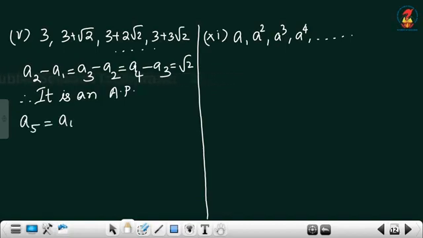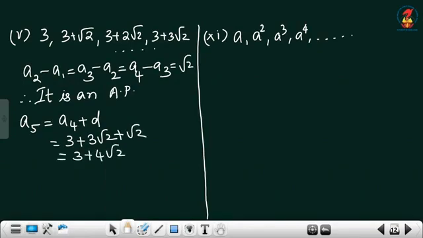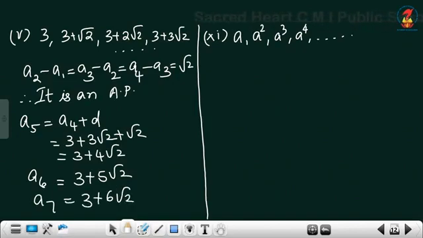A5 is equal to A4 plus D. What is A4? 3 plus 3 root 2 plus root 2, which is equal to 3 plus 4 root 2. Similarly, A6 is equal to 3 plus 5 root 2. A7 is equal to 3 plus 6 root 2. So write the final answer.